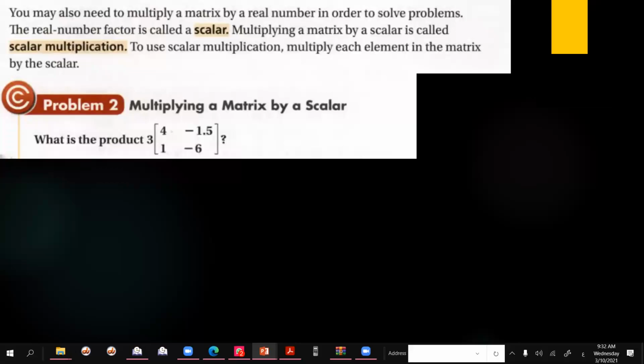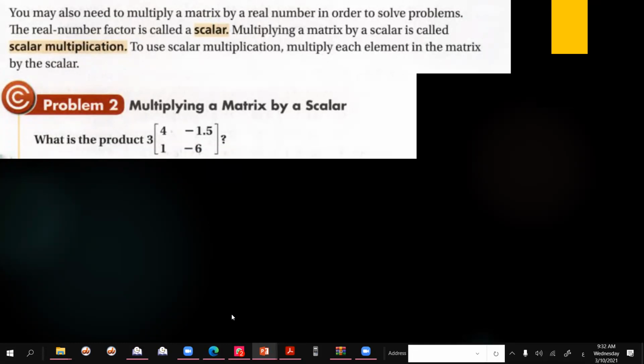Second part of our lesson, which we call scalar multiplication. Scalar multiplication means I have to multiply each element in the matrix with this scalar number.